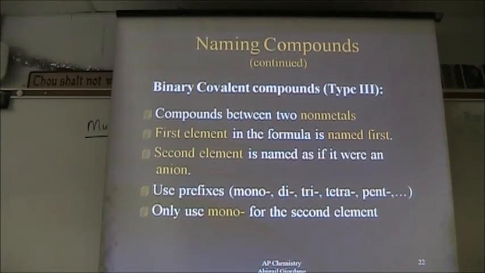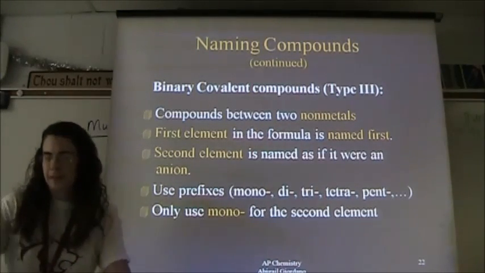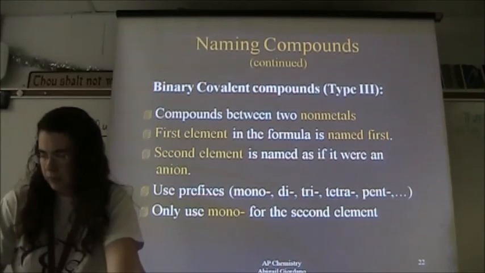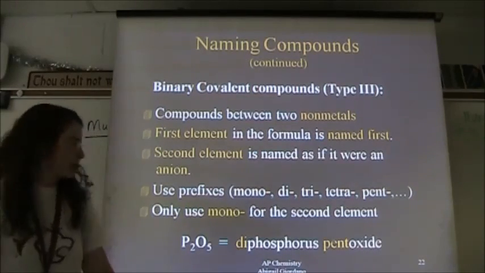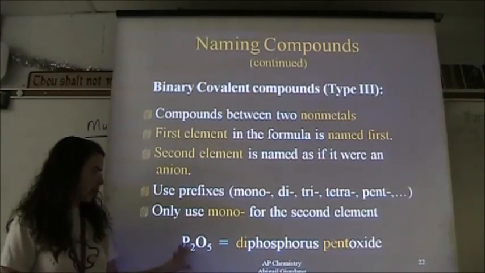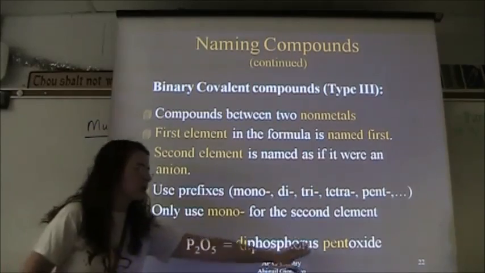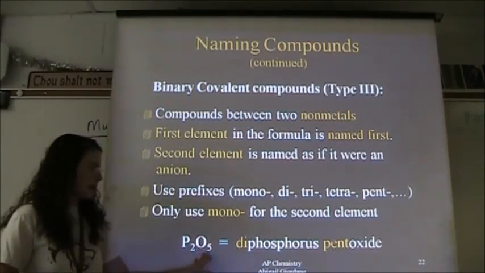Hept with an H, 8. Oct, 9. Non, 10. Dec. Okay, we're not going to go beyond that, dodeca and all that now. All right. So, quick example. Again, it's just based on the subscript. Diphosphorus. Don't change the ending. You only change the ending of the second element. Pentoxide.